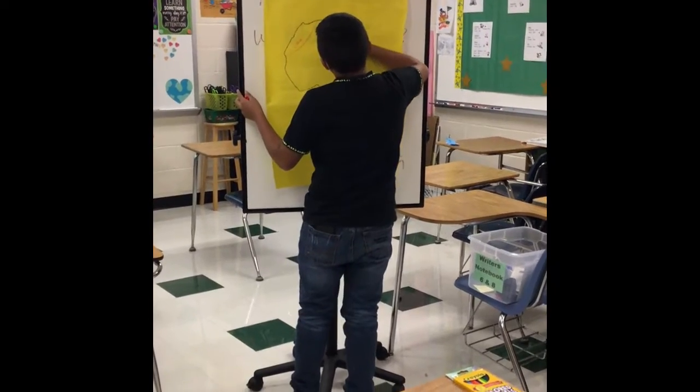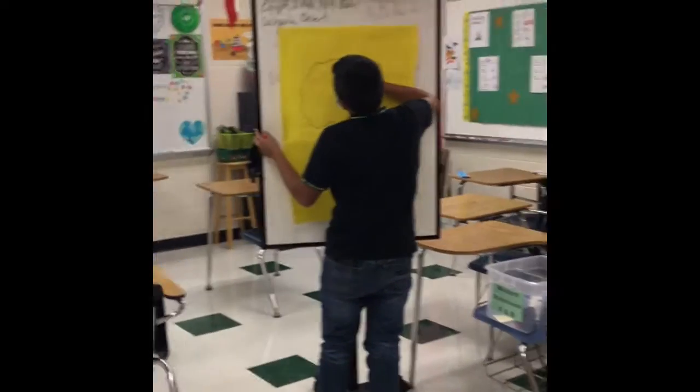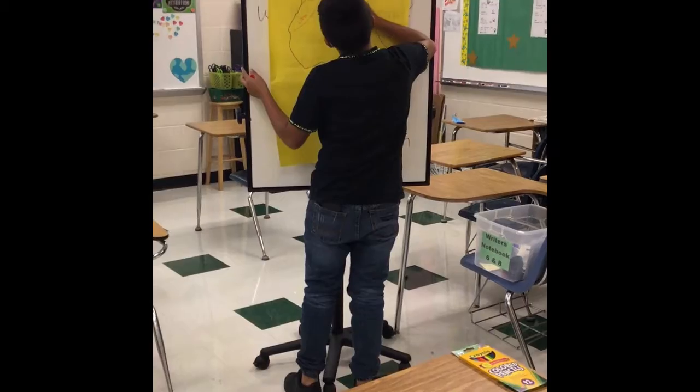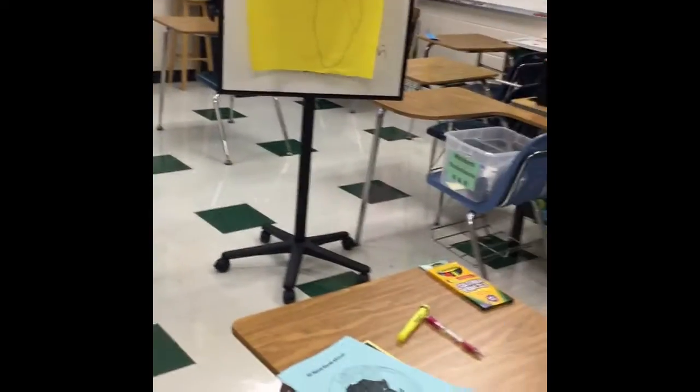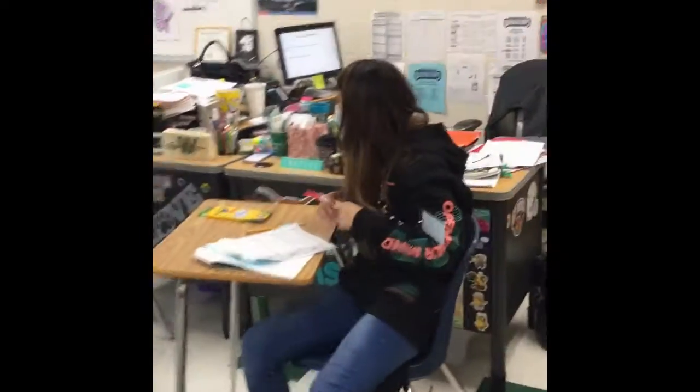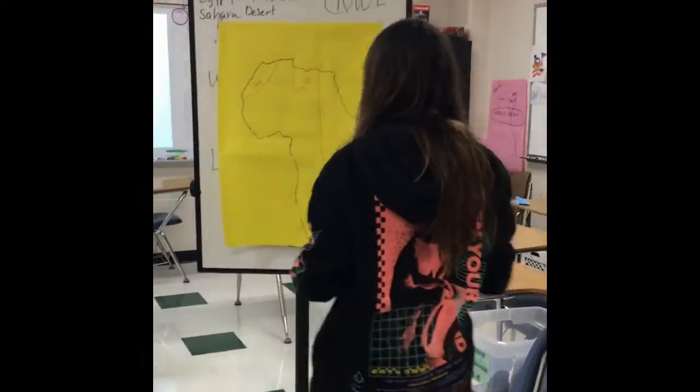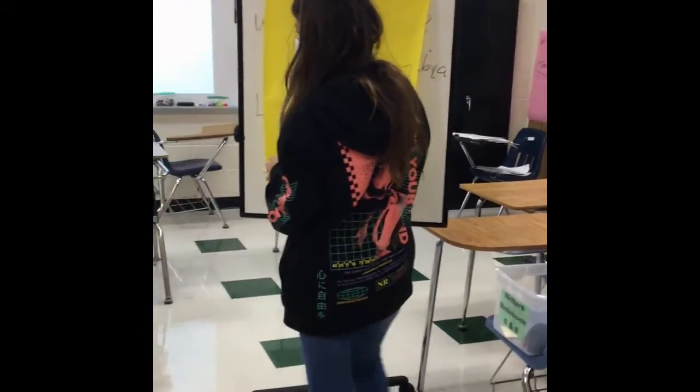Awesome. He is drawing Egypt. Way to go, Axel. So we've drawn Egypt, we've drawn Libya. Give the marker to somebody. Okay, so we've drawn Egypt, we've drawn Libya, we've drawn the Nile. We have to draw the Sahara Desert. So we have to figure out where that is.